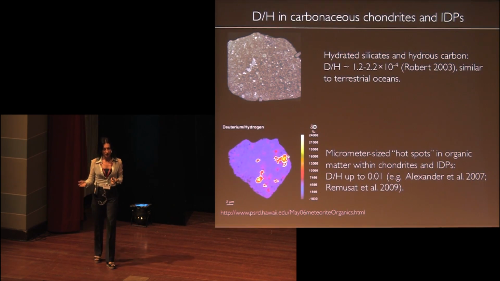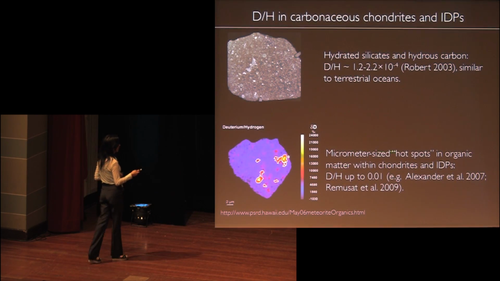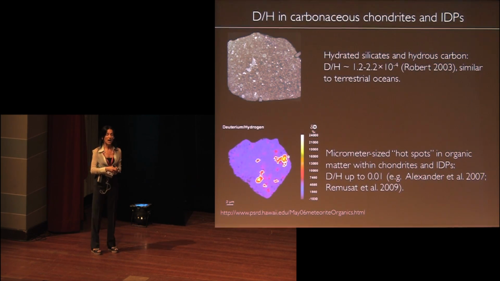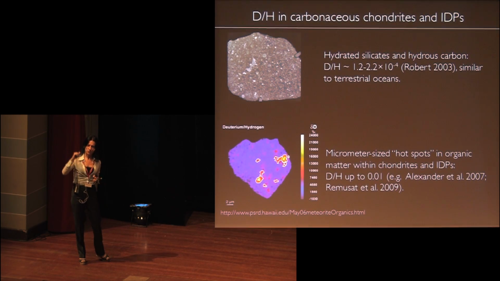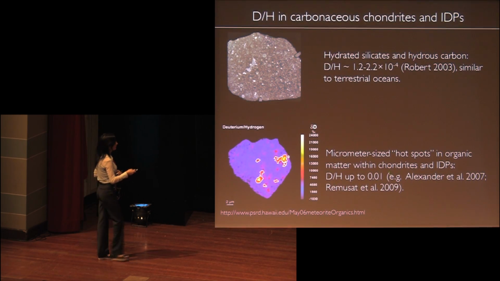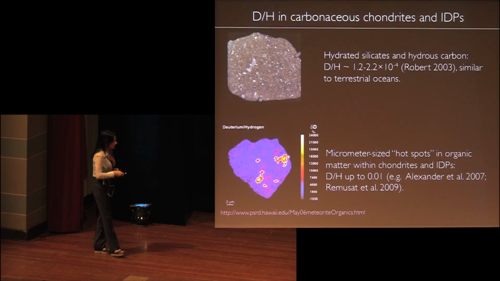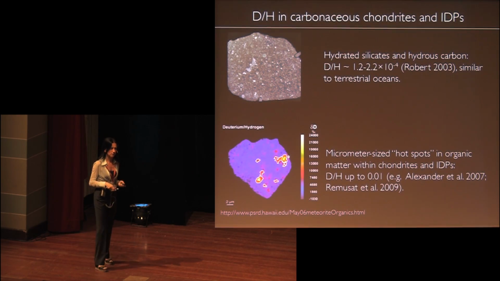Now we go back to the organic molecules, and what do we find? Well, we find, again, the same trend. We have the D over H that is typically larger than that, and it can go up to 1% here, which is getting very close to what we see in the interstellar medium. But this happens in very tiny micrometer-sized hotspots that are seen within the matrix of these chondrites.